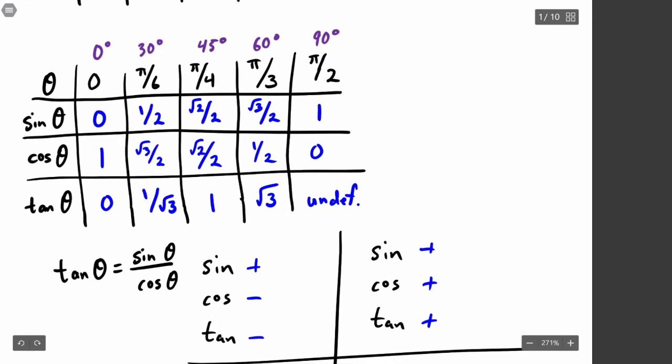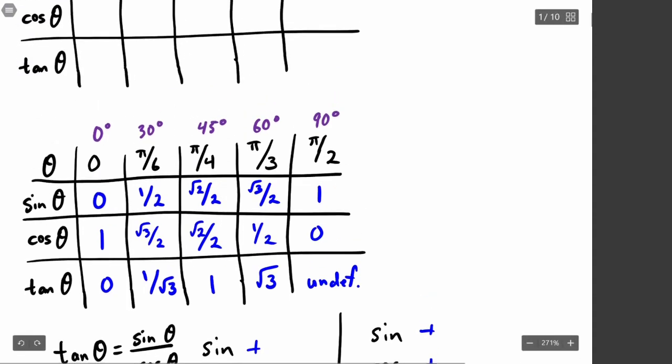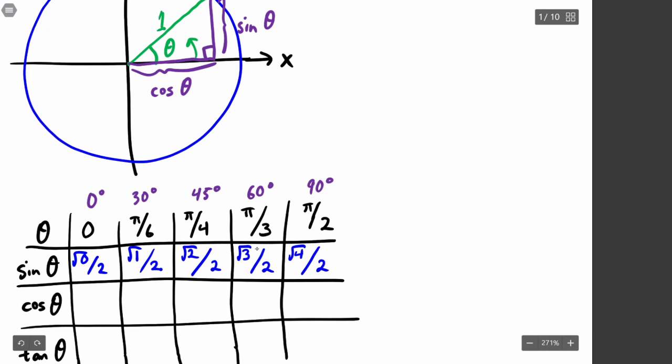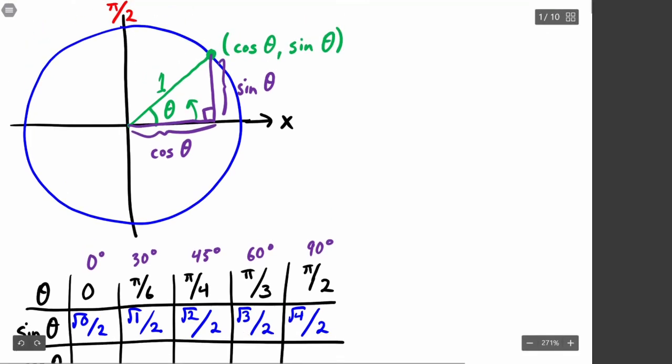So if you had something like sine of 120 degrees, 120 degrees would be up here. That's 60 degrees away from the x-axis, which would mean that we take the value for sine of 60 degrees, and here sine is positive, so sine of 120 degrees would be root 3 over 2.